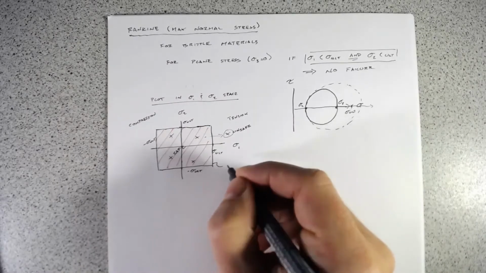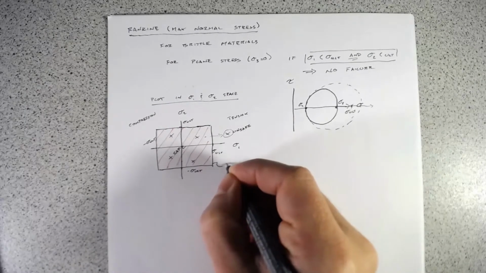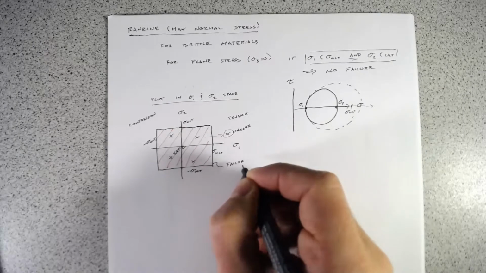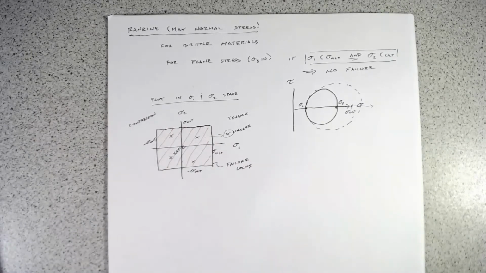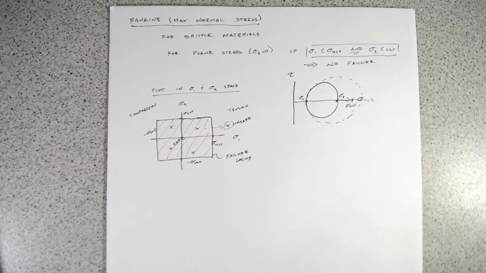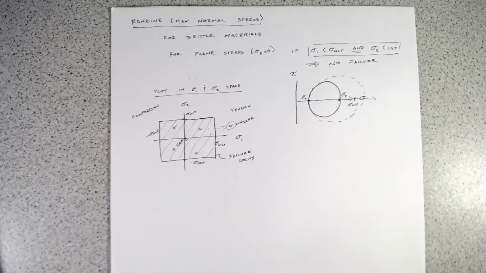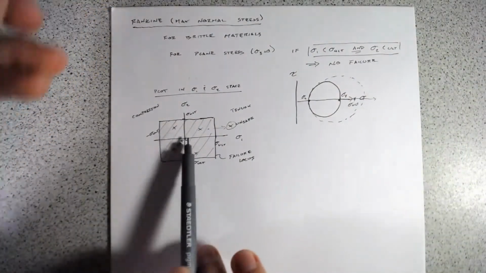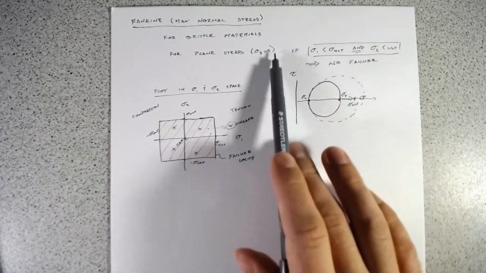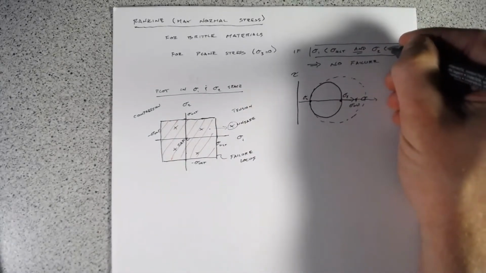And this surface is what's called a failure locus. It's really just a graphical way to look at a bunch of test data at once. In terms of determining whether a given material is going to fail or not, you don't need this plot. You only need to be able to apply this formula.